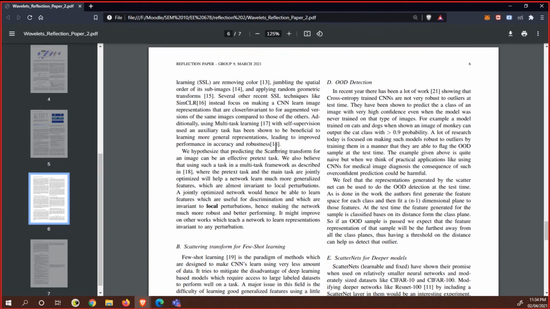So we hypothesize that the scattering transform can also form a very good pretext task for images or even other types of data, wherein the self-supervised task for the network will be to predict the scattering transform for the image.